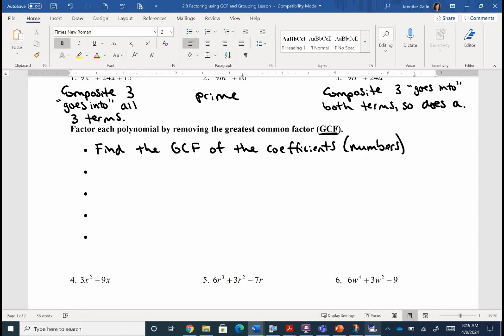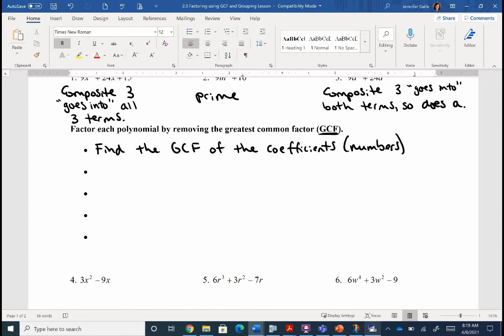So I want to find the biggest number that can go into every term in our polynomial. And again, GCF, I'm abbreviating greatest common factor there. Greatest common factor is going to be our biggest factor. What's the biggest number that can go into all of our terms?